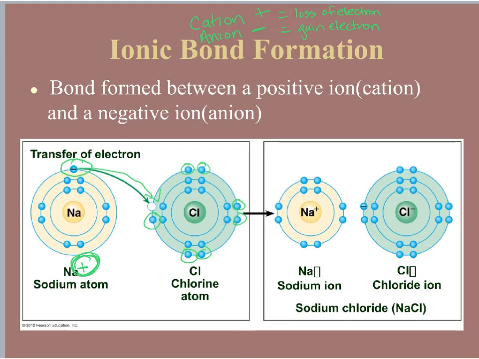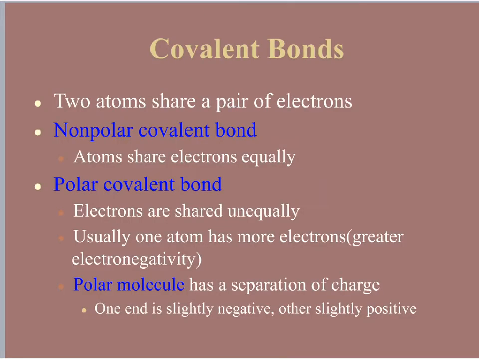And then when that electron is stolen, chlorine is pretty happy because it now has 8 electrons in its valence shell. And so that attraction between those atoms creates this molecule that we call sodium chloride. That's table salt, the stuff you might put on your French fries or salt your meat with. So that's an ionic bond.